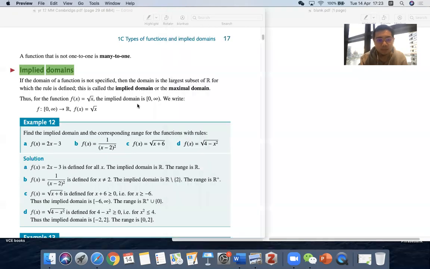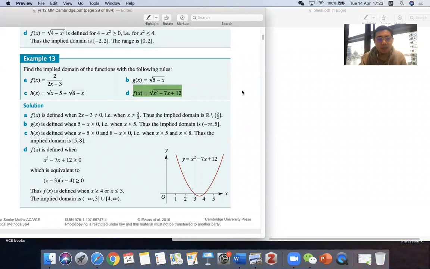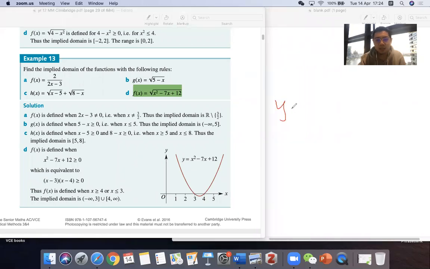Okay, let's move on. For this tricky part, I want to highlight this one and show you how to do it. They ask about y equals square root of x squared minus 7x plus 12, and they ask for the implied domain, okay?